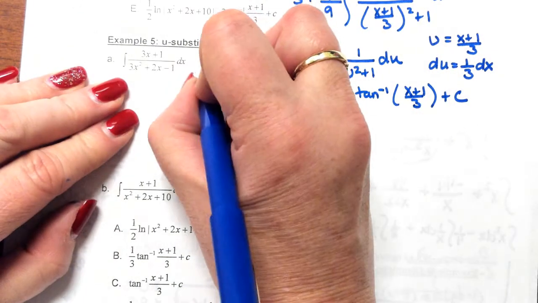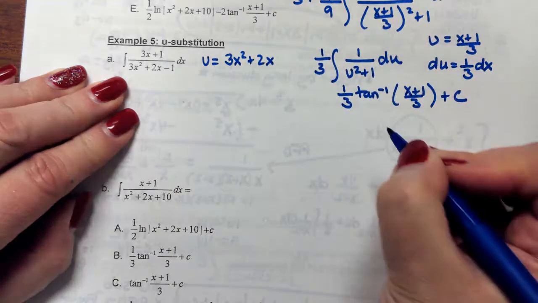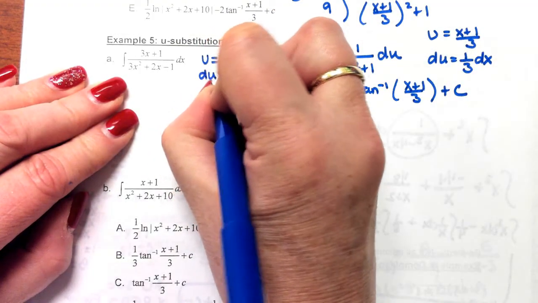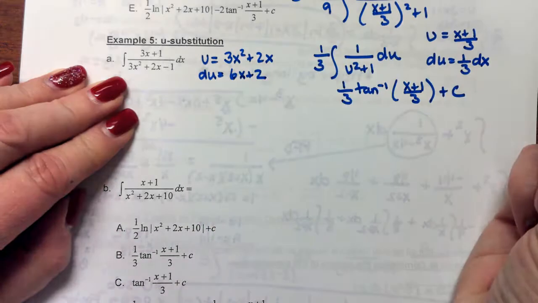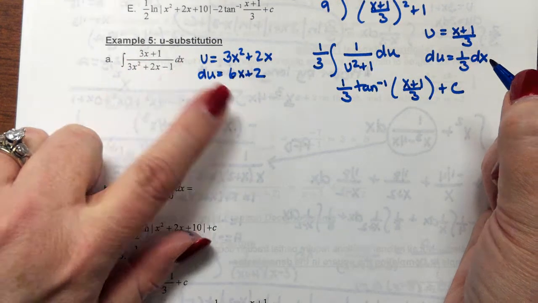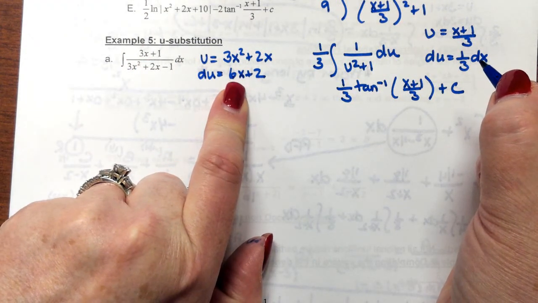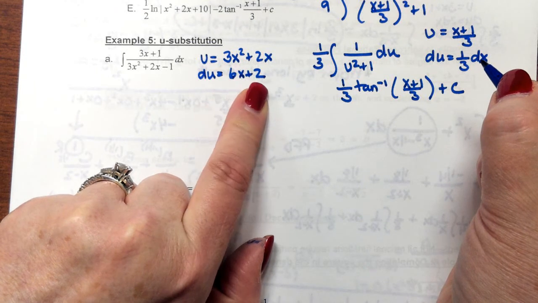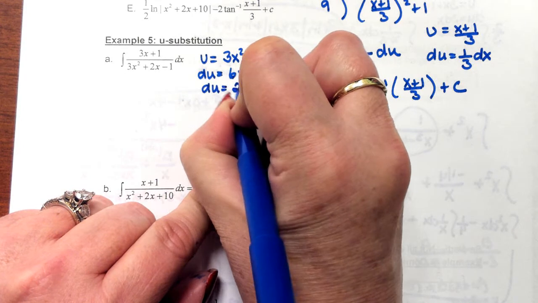So if I'm going to let u be equal to my denominator of 3x squared plus 2x, my du is going to be equal to 6x plus 2, which it doesn't look like I already have in the numerator. However, if this happens, we notice that if I multiply my numerator by 2, that would give me my du. So factor your du, take out a 2.